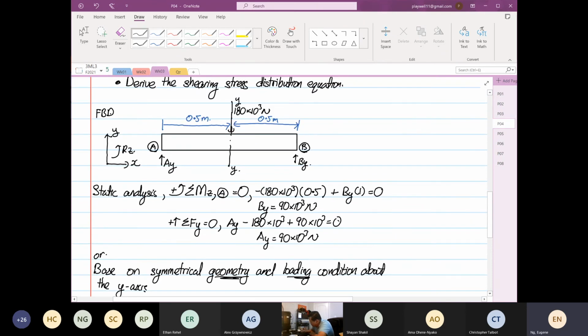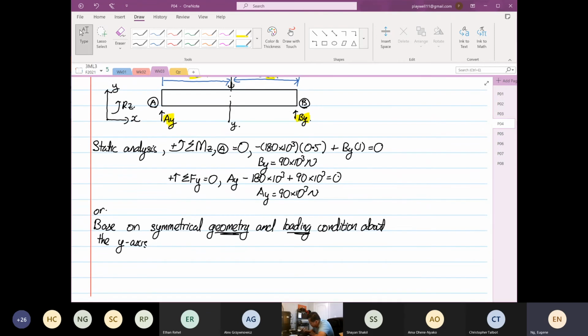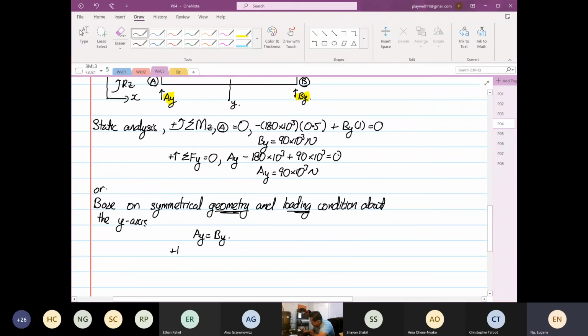So left and right, you see the 0.5, right? And at the exact position, you have AY and BY. So in this case, AY is equal to BY. All you need to do is, positive is going up, summation of forces in the Y direction is equal to 0. You can write AY minus 180 times 10 to the power 3 plus BY is equal to 0.